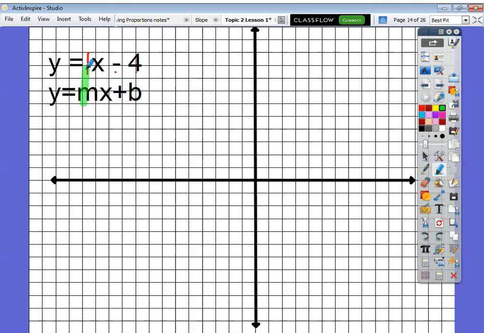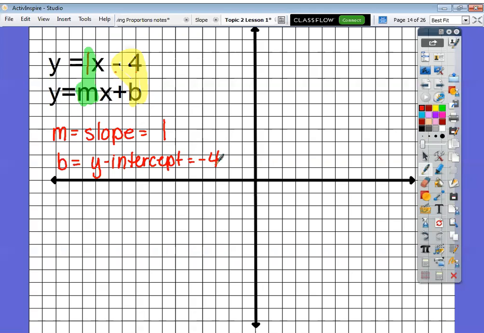This is my m value, and this is my y-intercept. Notice I took the negative with it because it should be a positive, but it's not. So my m, which is my slope, is 1. My b, which is my y-intercept, is negative 4.